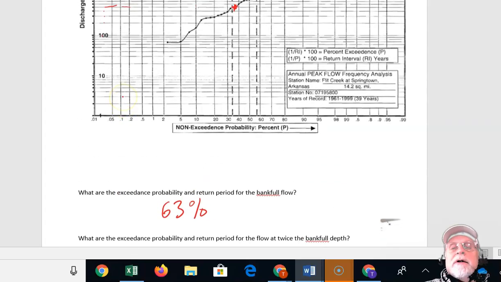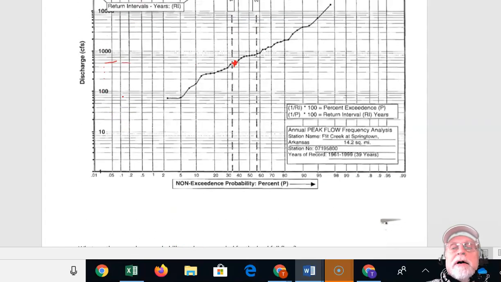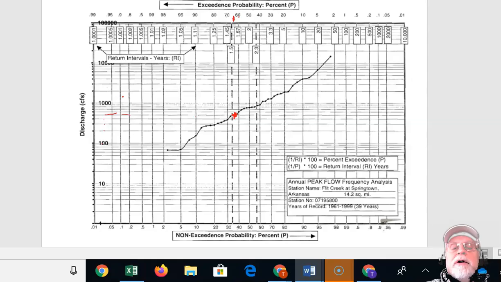That means each year it's probable that that flow will be exceeded about 2/3 of the time.